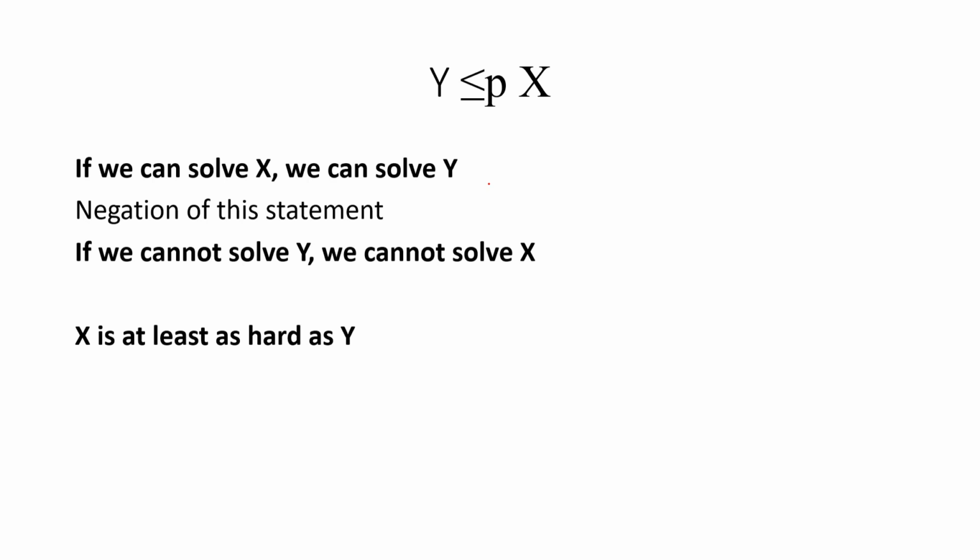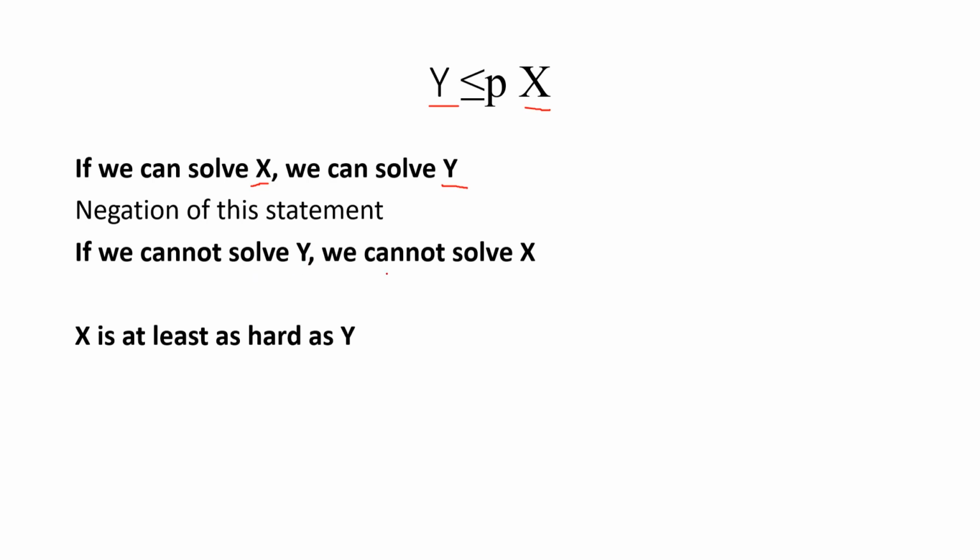If we are able to reduce problem A to problem X, it also means that if we can solve problem X, we can also solve problem Y, and vice versa.